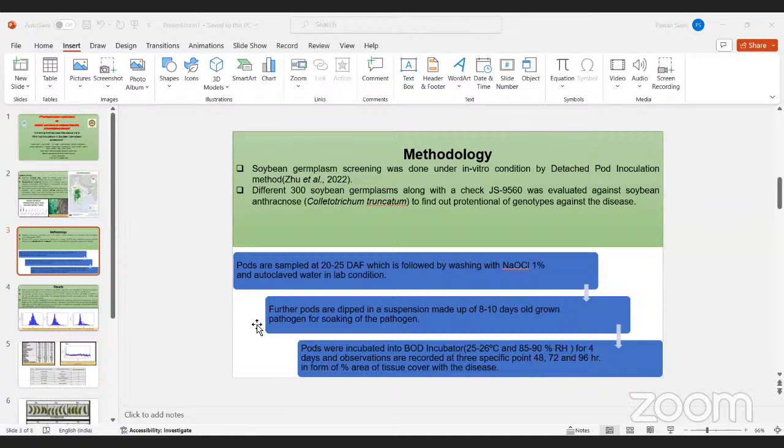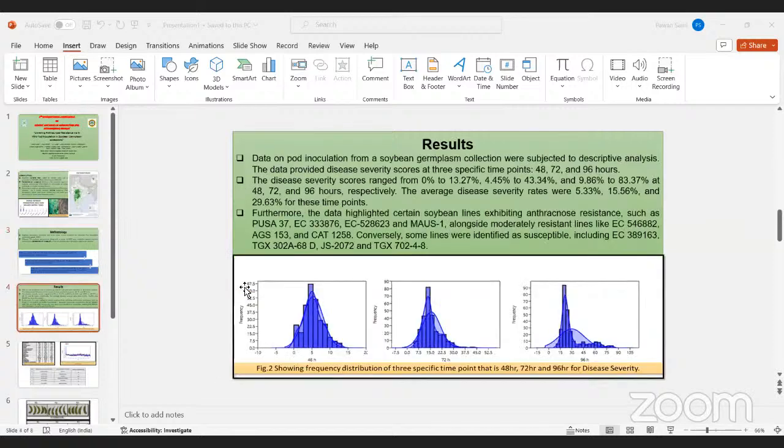Readings are taken in percentage form, meaning the percent area of tissue that is covered by the disease. Results for all three time points show different ranges of disease severity. For 48 hours it is 0% to 30.27%.